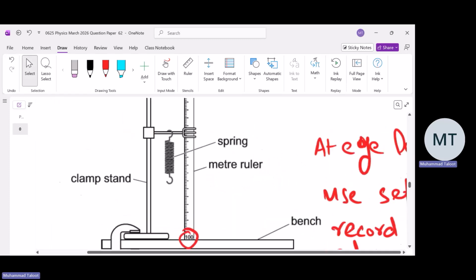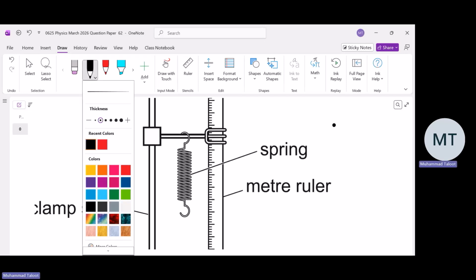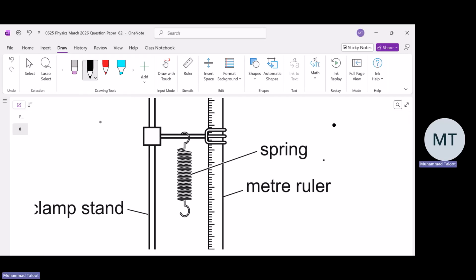If I show you this picture very closely, I draw set square here. Set square in this way that, for example, I will be using a very sharp pencil here. Like this, I have to measure this, so I will be using here a set square like this.